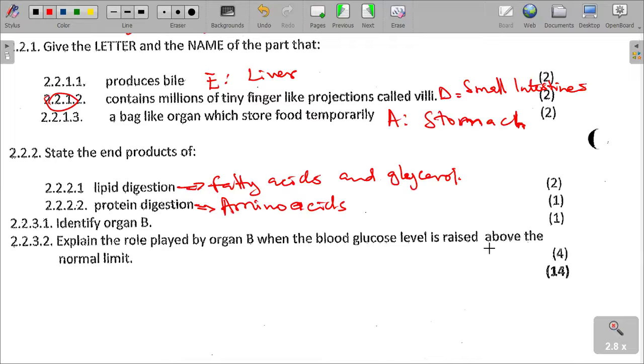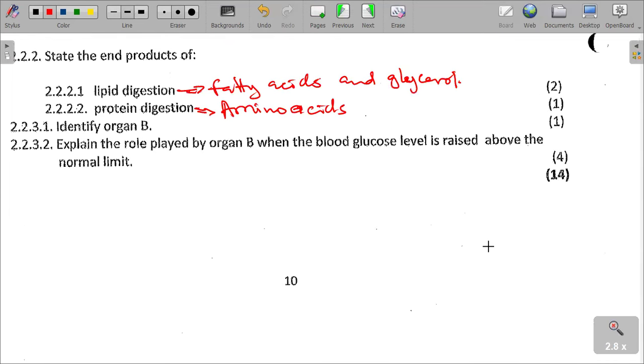I'm sure we understand the balancing of glucose in the body. The question is: what is the role of organ B when blood glucose is raised above the normal limit?